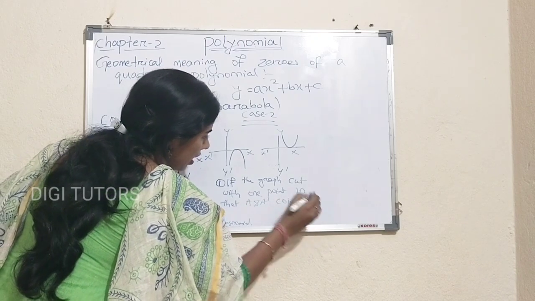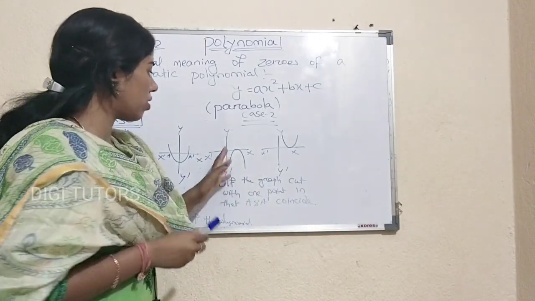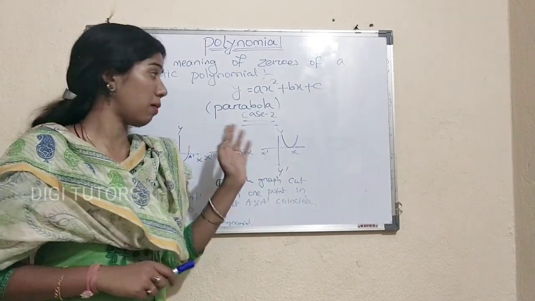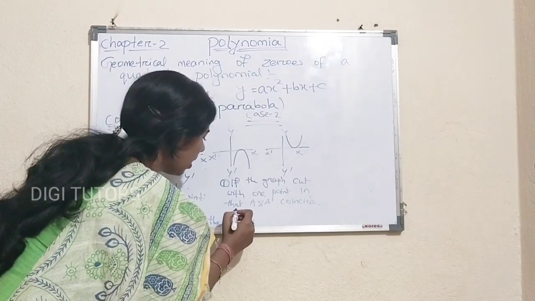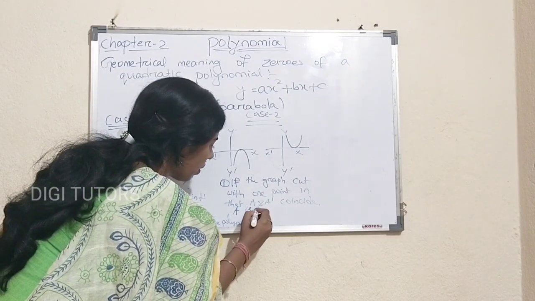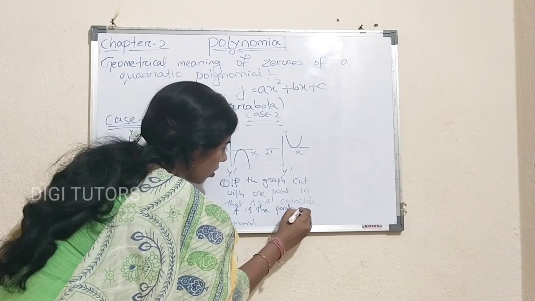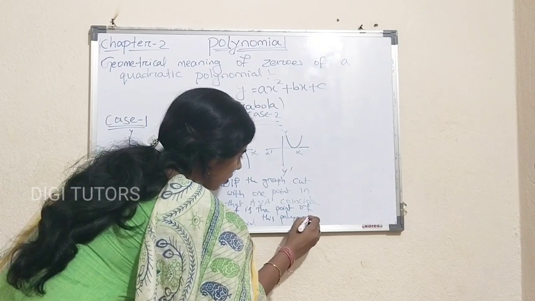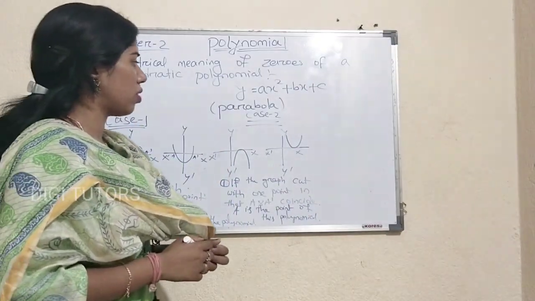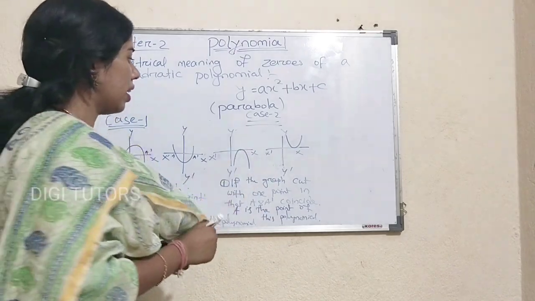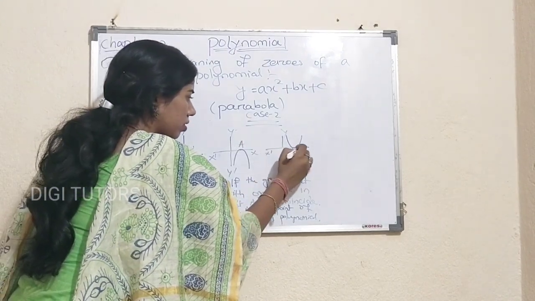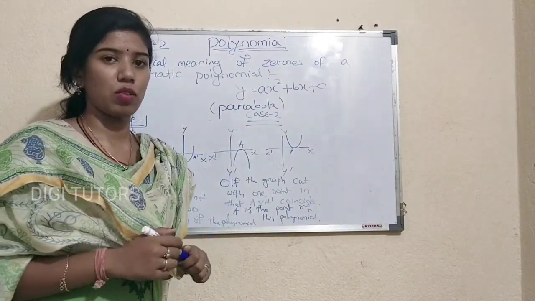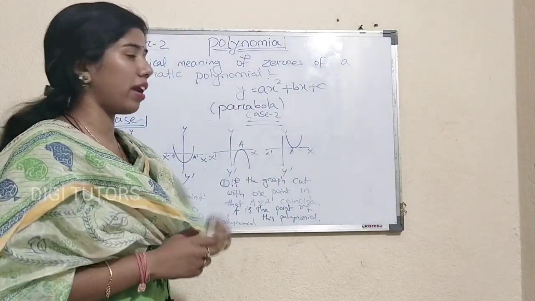So here there is only 1 zero, the point which touches the x-axis. This is our case 2. Only A is the point which intersects the x-axis, so A is the zero of this quadratic polynomial.